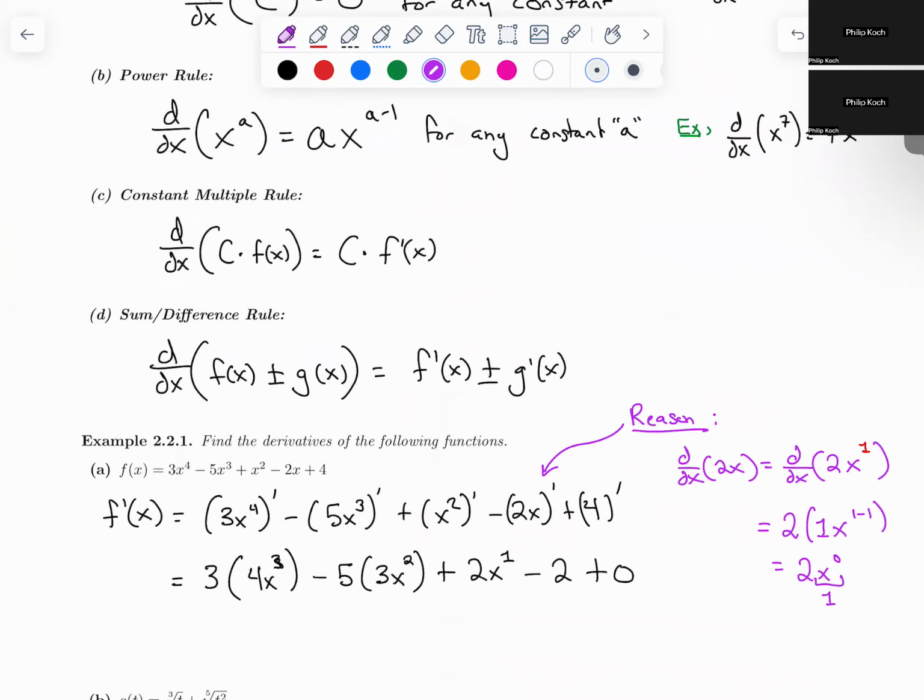So there might be an additional side rule: d dx of a times x is equal to a, for any a.